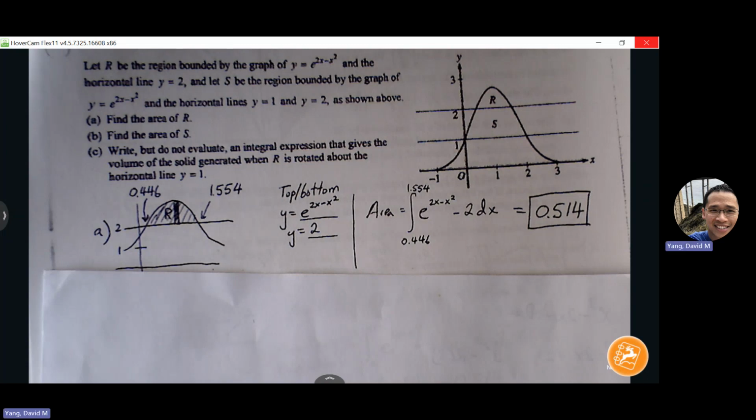But it's not wrong if you want to split up into individual, 3 separate parts, but this will save a little bit of time. But we do need to find the intersection between the curve and y equals 1. That's at 0. So from 0 to whatever that value is, we'll find top minus bottom there. Once we find that region, subtract out R.